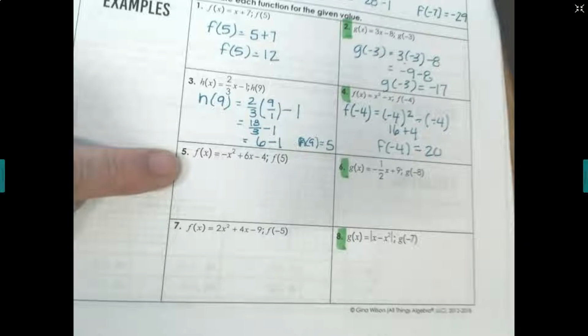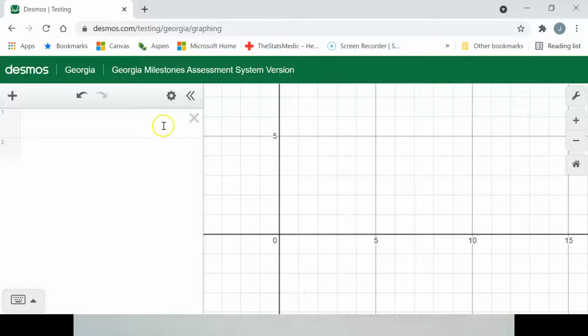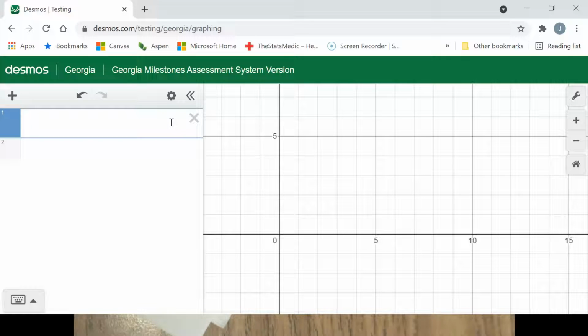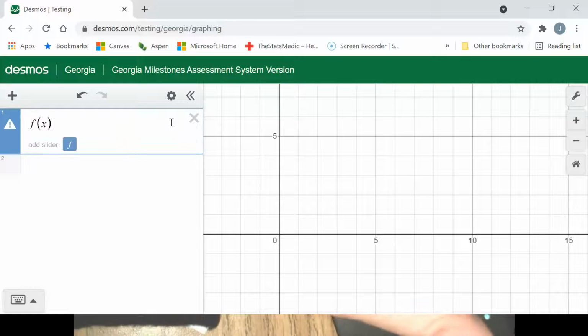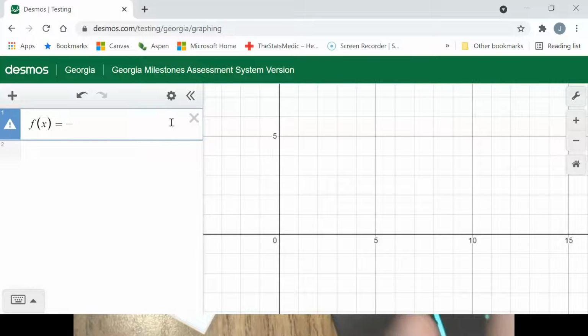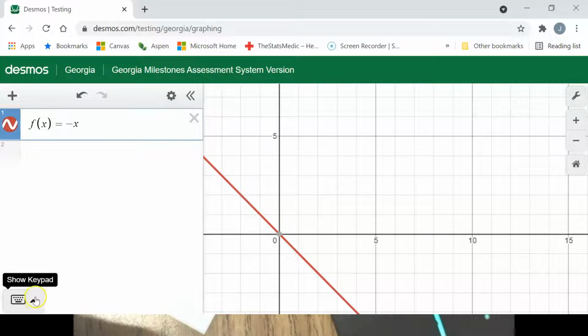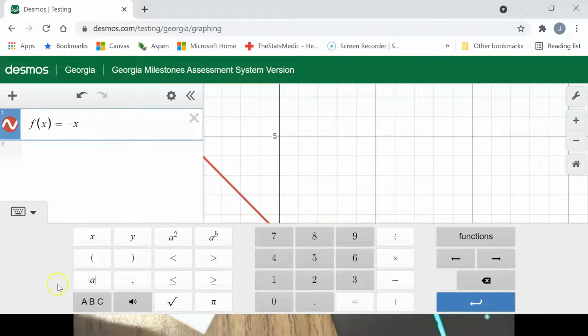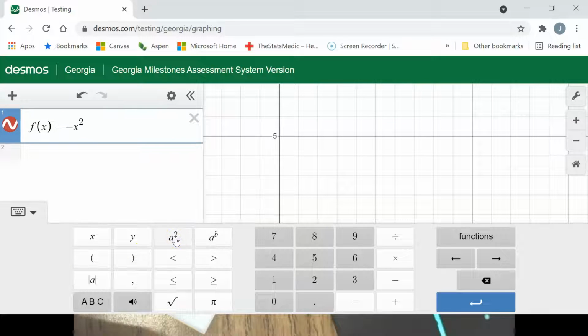So I'm going to open up my Desmos window here, and I'm going to click into the first line, and I'm going to type it just like I see in number 5, which is f of x equals negative x, and we want to square that. So I'm going to open up this keypad down on the bottom, and I'm going to click the squared.